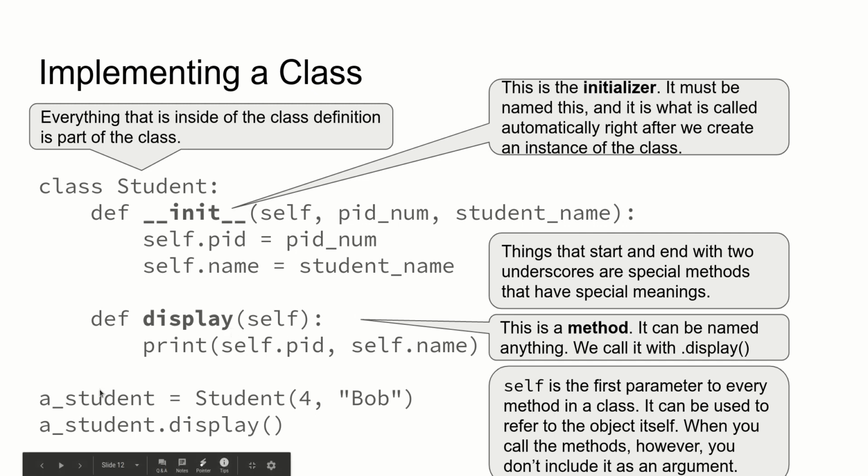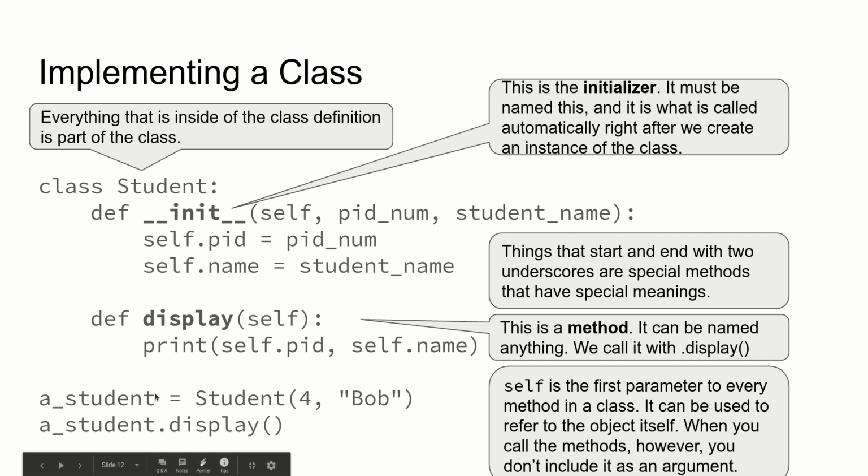So down here, we see we've created a student as a variable. We've set it equal to a new student with the ID 4 and the name Bob. So that creates that new object and makes the aStudent variable reference it. Similar to how when we call open, that creates a new file handler object and gives us the ability to read from that file or write to that file or whatever we're able to do.